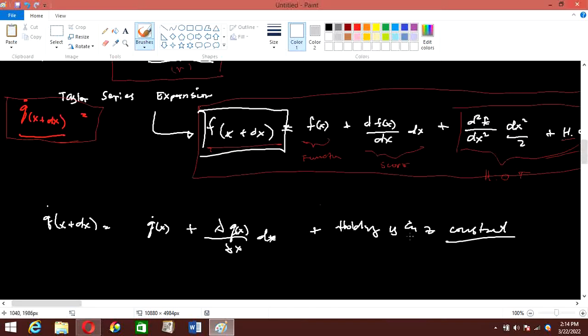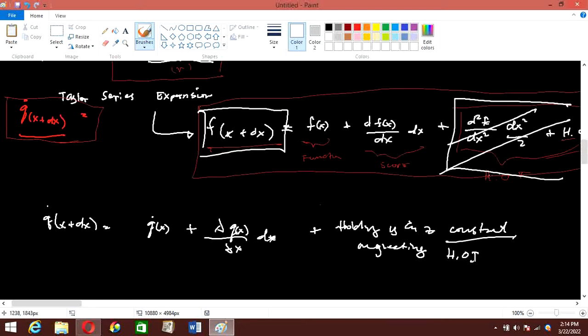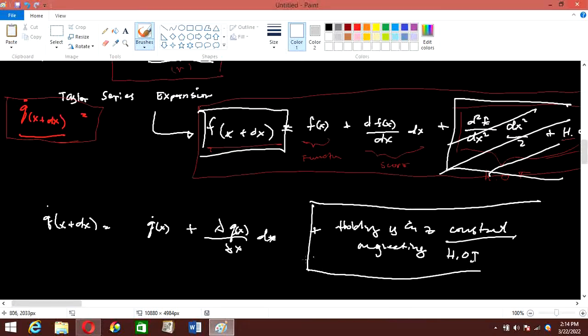So we will hold y and z constant, thus neglecting the higher order term. So we're going to neglect this part, so we're going to cancel this last term here.